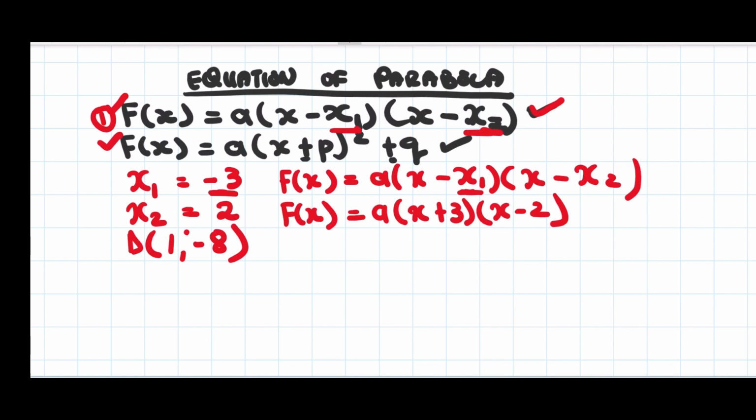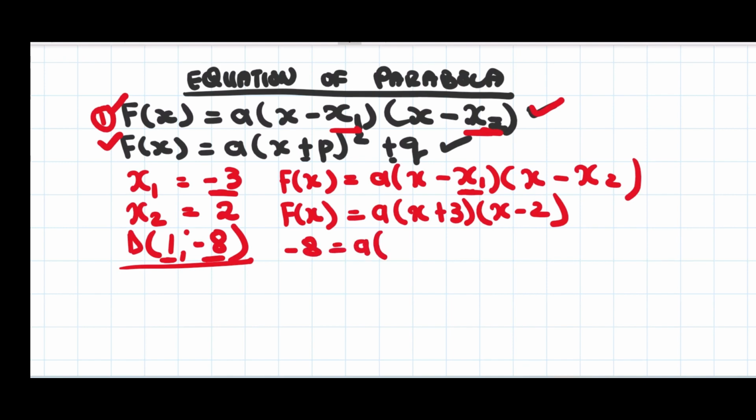We start first by substituting x1 and x2 in the formula a(x - x1)(x - x2). Once we do that, we then move to the random point. The random point tells us that when f(x) is -8, x is 1. So in place of f(x), we're going to put -8, and in place of x, we're going to put 1.